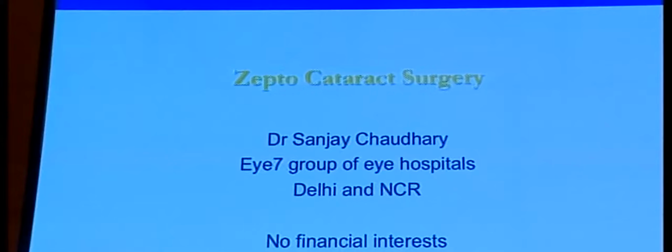Some techniques have a definite advantage. I would be highlighting some advantages of the Zepto. Dr. Vasavada would be highlighting the advantages of the Femtosecond Laser. And then we could look at some modern options and decide what is the best way to go for a capsulotomy.